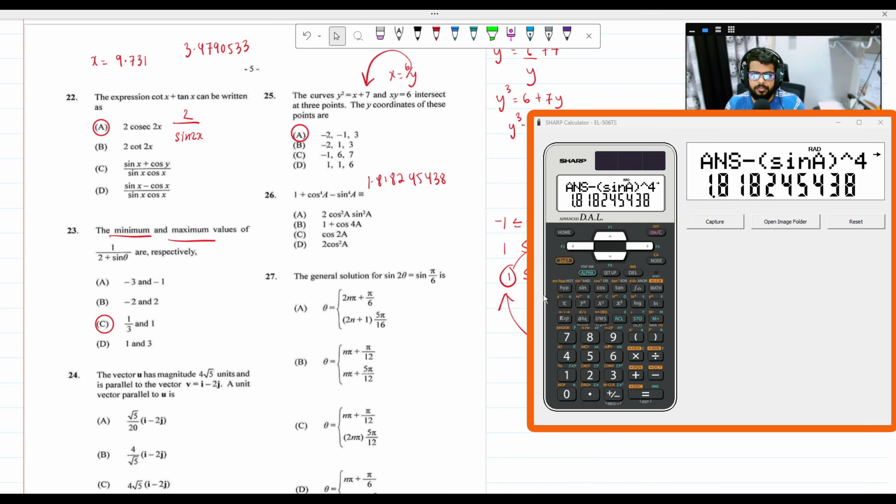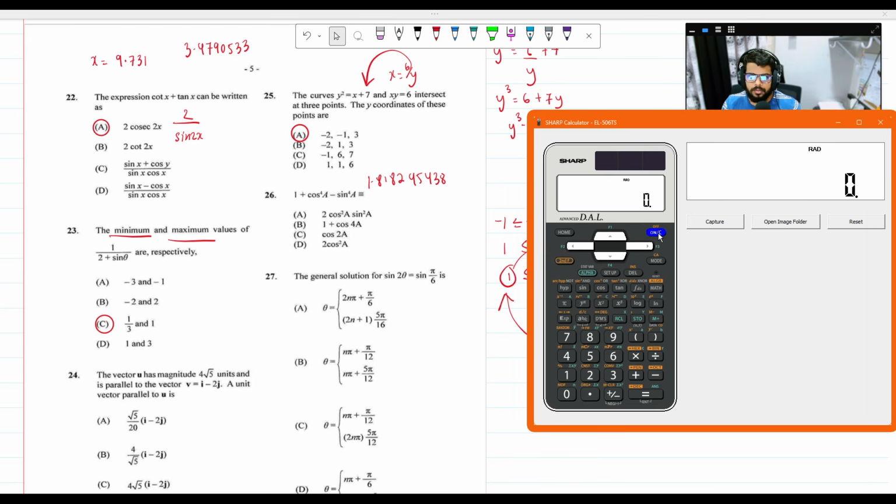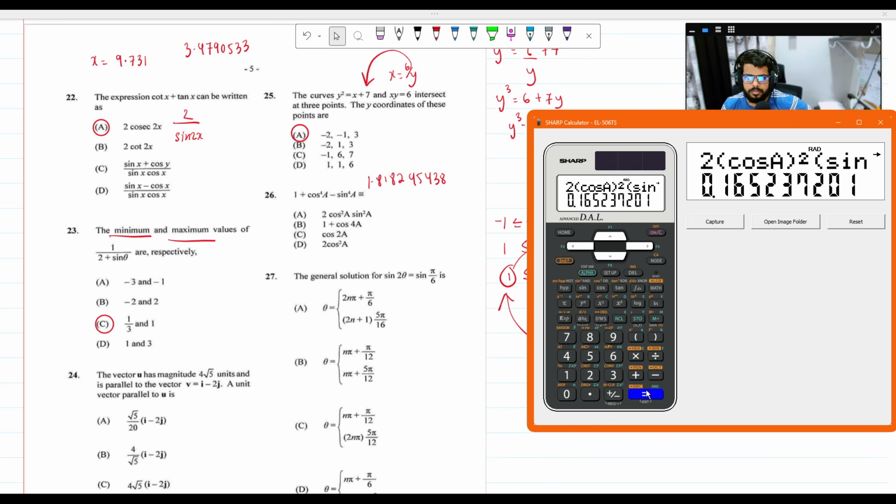Alright, so let's check and see the first option. 2 cos squared A, so it's going to be 2 open bracket cosine A squared, open brackets sine A squared. It's not going to be that. 1 plus cosine 4A. It's not going to be that.